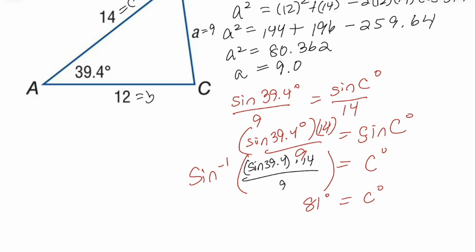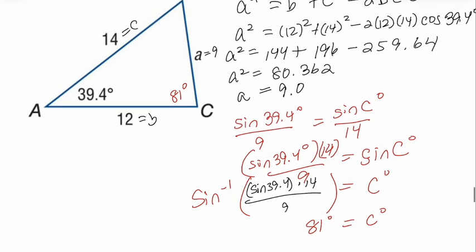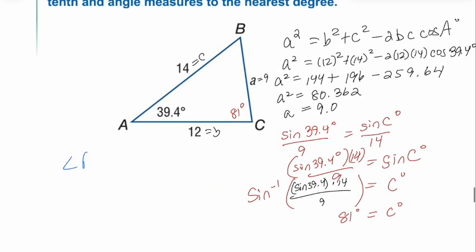Okay, so let's put that on our picture. And as soon as I know 2 angles, I can find the third using our 180 rule. So I know that angle B is 180. Why did they make it 39.4? I was just thinking of that. If they want angles to go to the nearest degree, whatever.